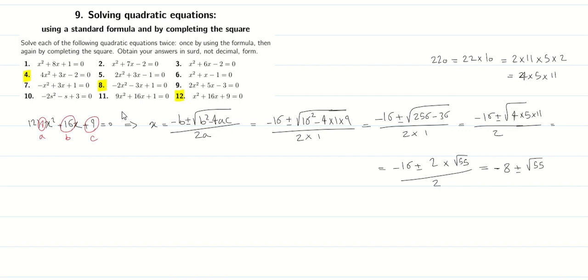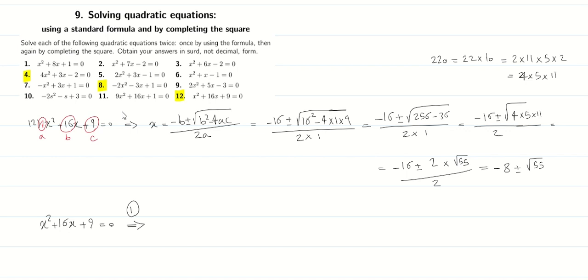Now, let's say that we wanted to solve this using the other method, which was by completing the square. So we have x squared plus 16x plus 9 is equal to 0, right? And we want to solve it by completing the square. The first step was that we move the constant to the right hand side.